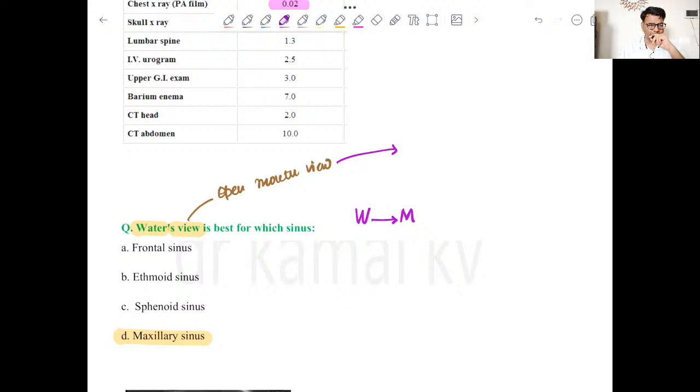I think most of you must be knowing, I am waiting for your answers. Sphenoid. Very good, Shanwaz. This is sphenoid, right? So as far as Waters' view is concerned, just remember two terms, maxillary sinus and sphenoid, but only if we are taking an open mouth view, right? So that is the condition. Yes, Vipin, very good. KK, perfect.